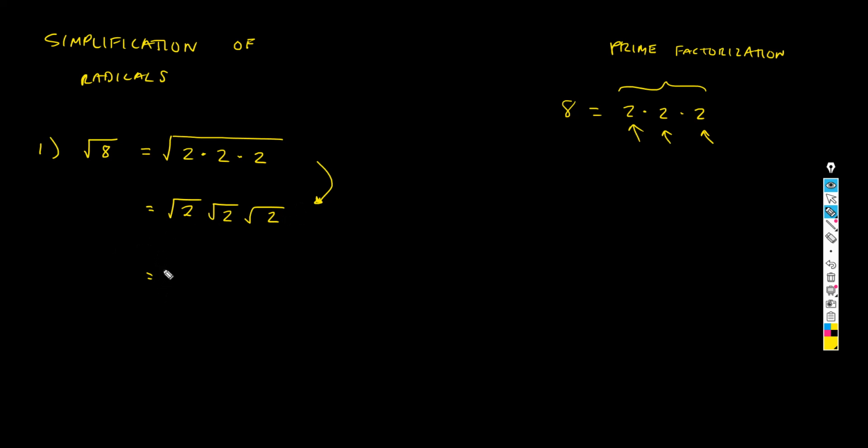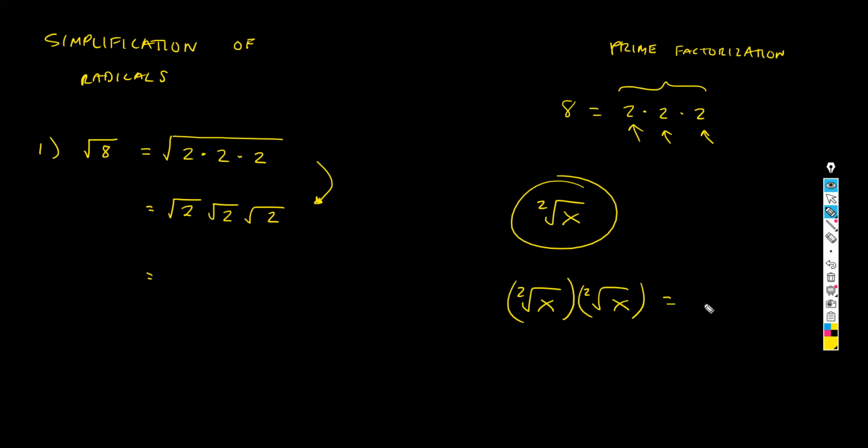Perfect. And now what can I do now? Okay, now you're going to use the fact that since you're working with the square root of 2, remember that by definition the square root of a number x is the number with the property such that when you multiply it by itself 2 times, you're going to get x, the number inside the radical.